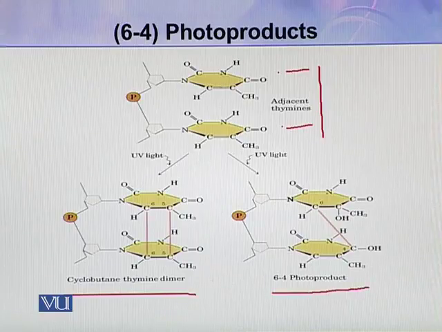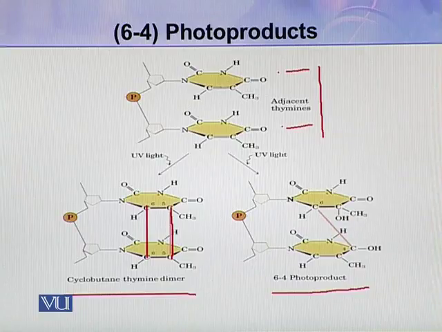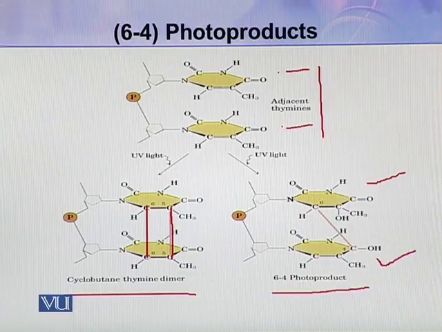So in the first case, a dimer is formed and two bonds are formed between C5 and C6 atoms of adjacent pyrimidines. But in case of 6,4 photoproduct formation, the bond is formed between the C6 of this thymine and C4 of this thymine.